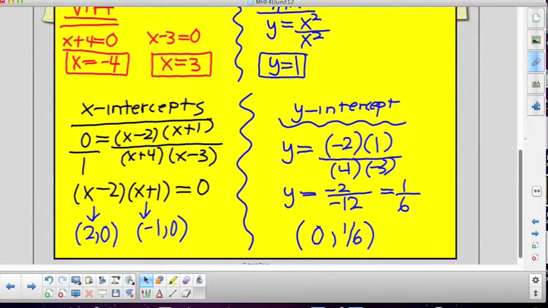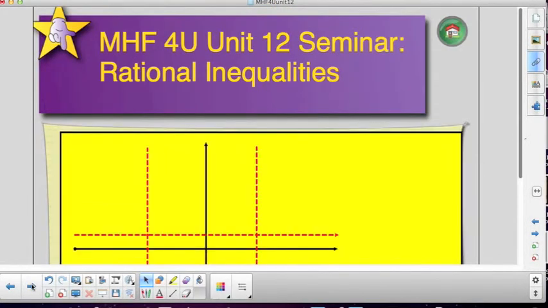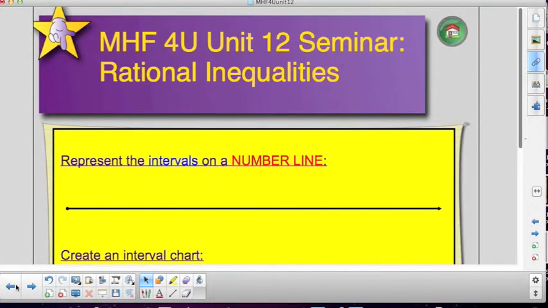Now, something that the textbook asks you, and I've seen on some of the practice tests, correct me if I'm wrong, is the whole concept of the number line. So in addition to the interval chart, you need to know how to represent the intervals on a number line. I'm going to show you that we stated there is a vertical asymptote at negative 4.